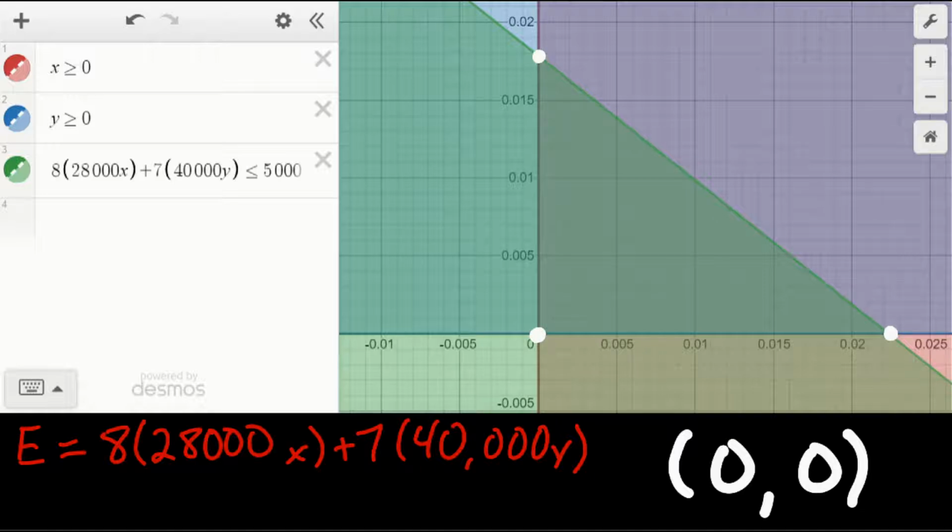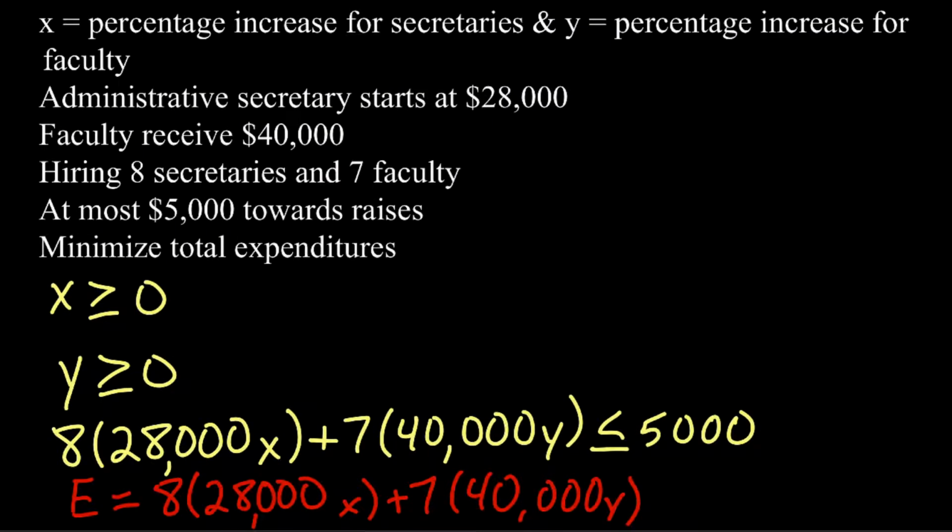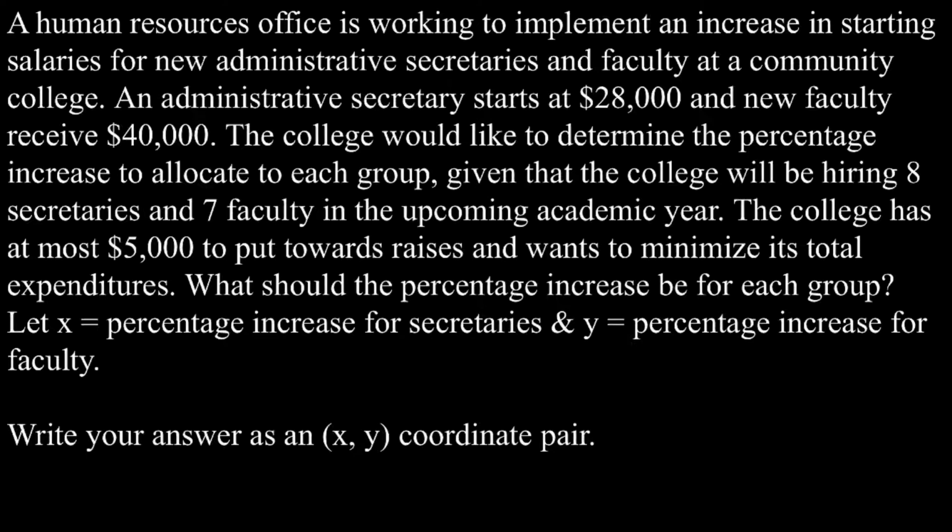And I'm going to go back and show you in the question what we might have noticed and not had to do any work on this problem. And that is right here. They want to minimize total expenditures. If we had seen that, we would have just said, okay, well then 0, 0 is your answer.